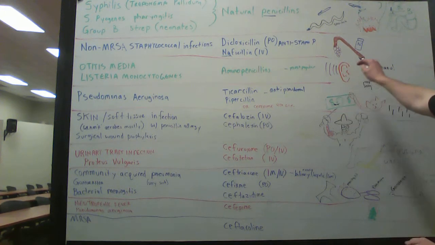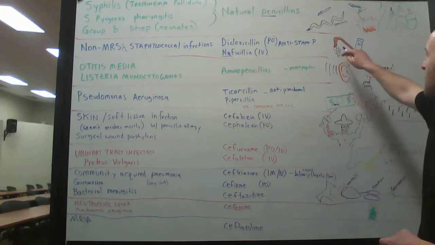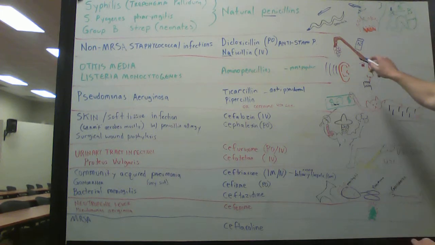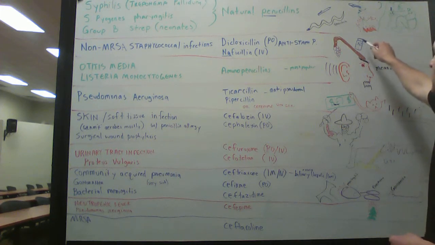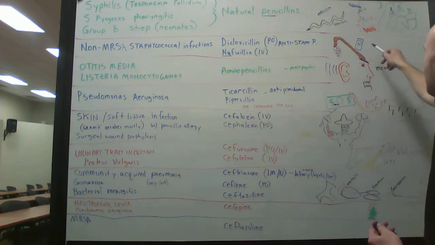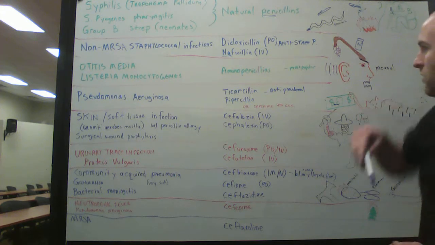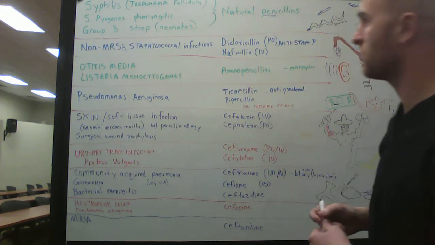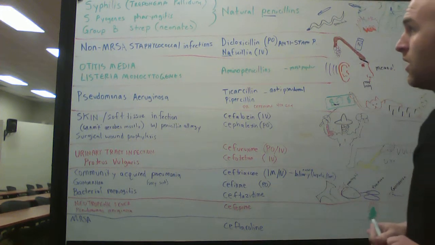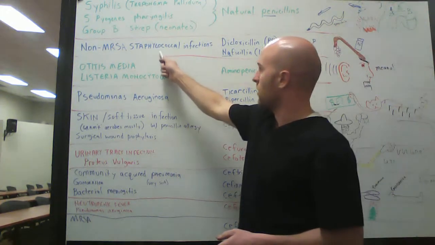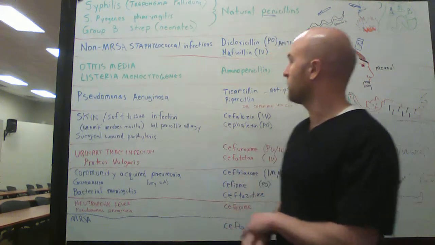So over here I drew a staph with the grape-like structure of the coccus, and here's some salt to go with your meal. So here's Na to stand for nafcillin, associating that with non-MRSA staphylococcal infections. By the way, these staphylococcal infections are usually going to be skin infections.